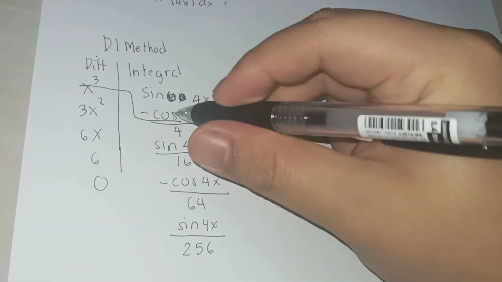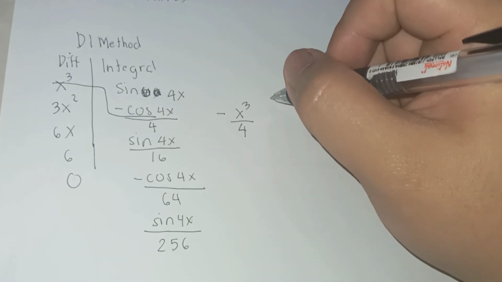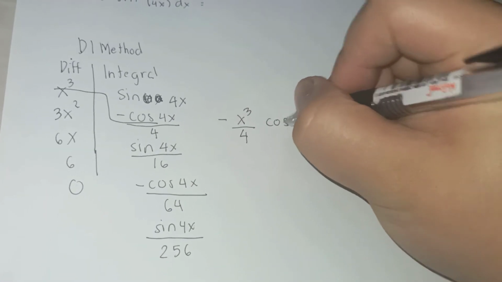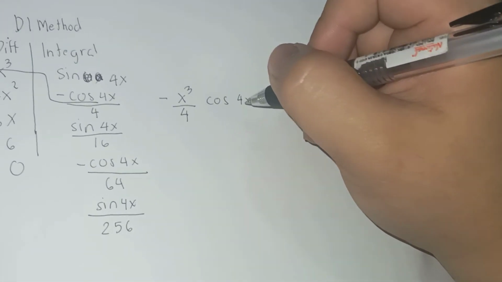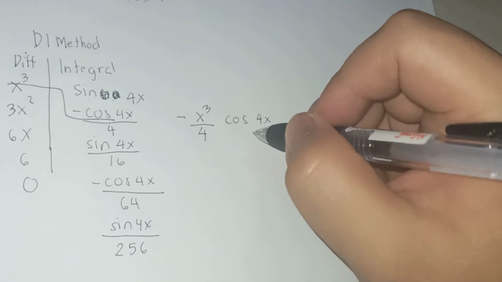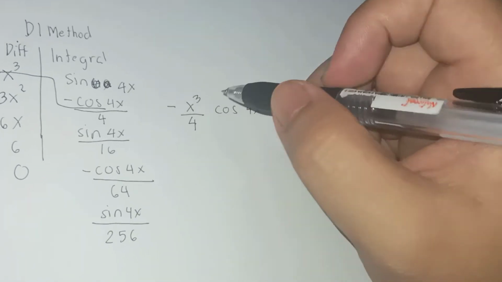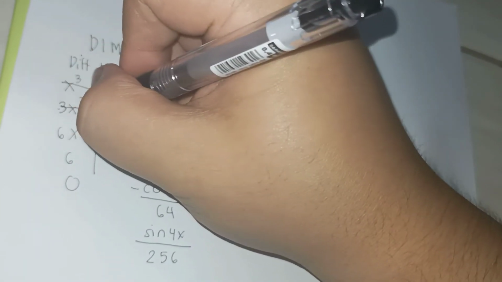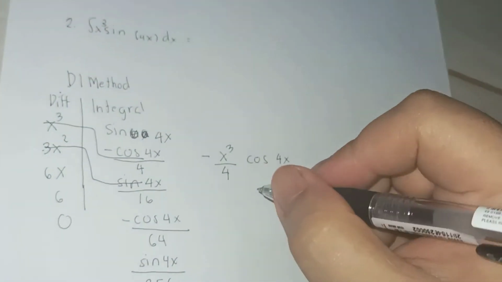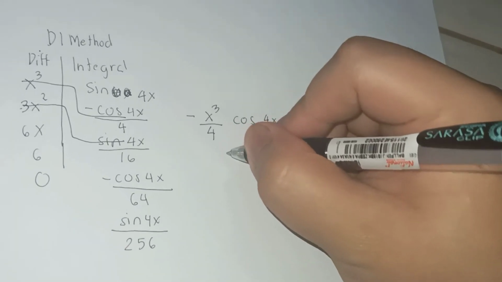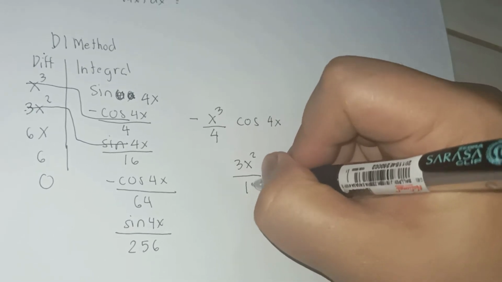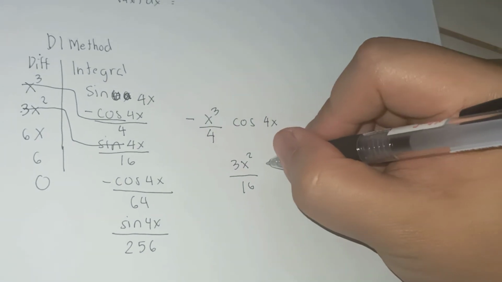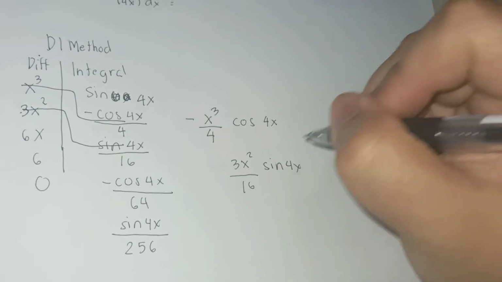It's gonna be negative since we multiply, cosine of 4x, and since you can no longer put the 4x since it's already here, second pattern, 3x squared over 16 since it's 4 times 4, sine 4x.